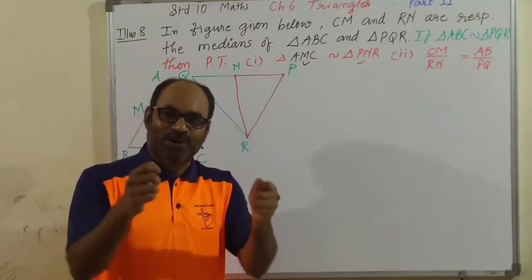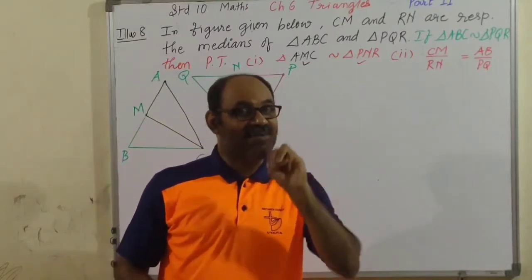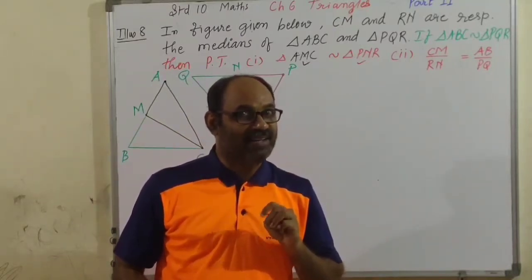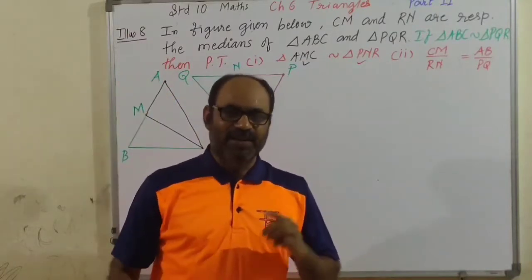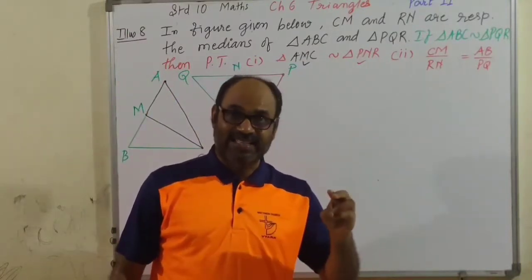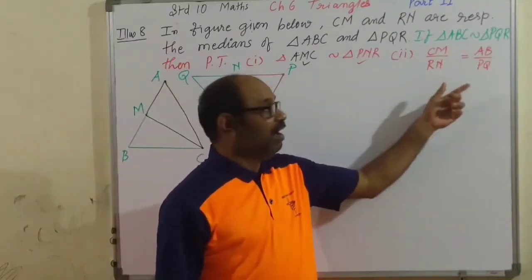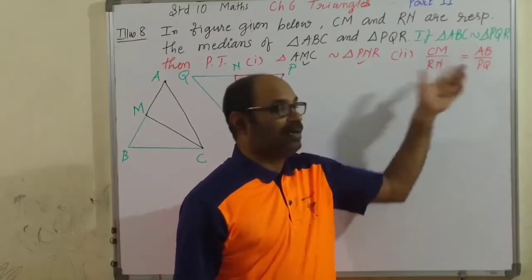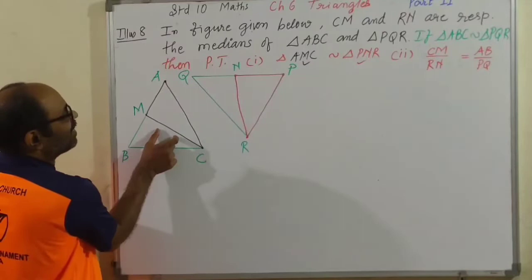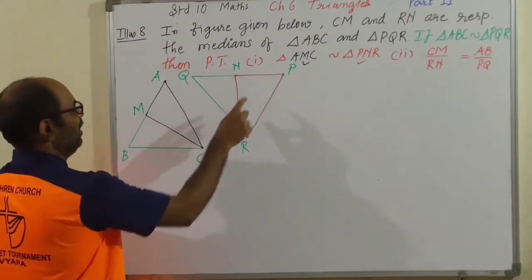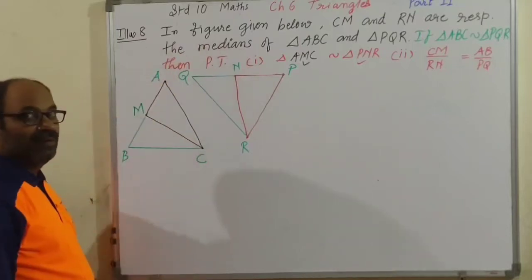And you know, to prove two triangles similar, what you need? Yes, any one of the three conditions to be satisfied. AA, no need of AAA, then SAS and SSS. And next, we have to prove CM upon RN is equal to AB upon PQ. CM, this black side, upon RN is equal to AB upon PQ.